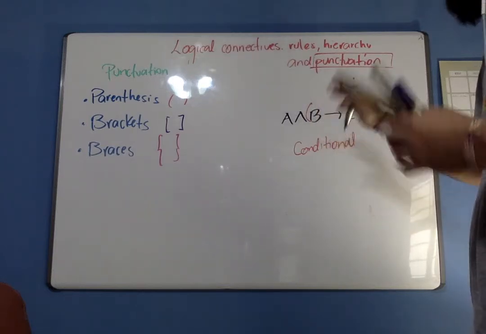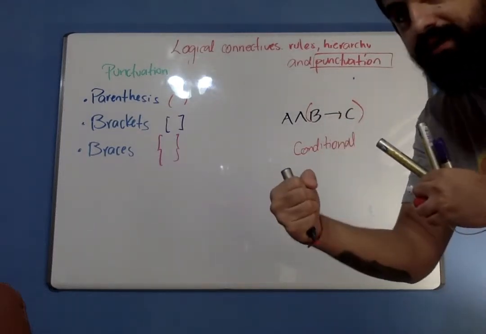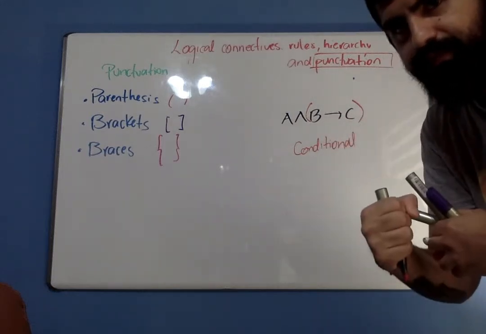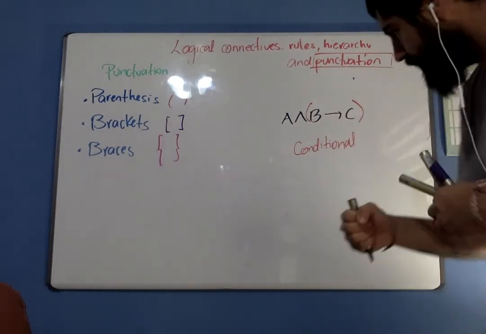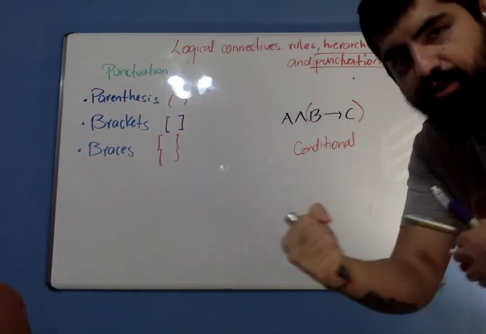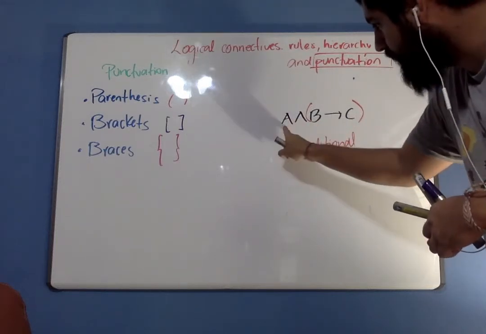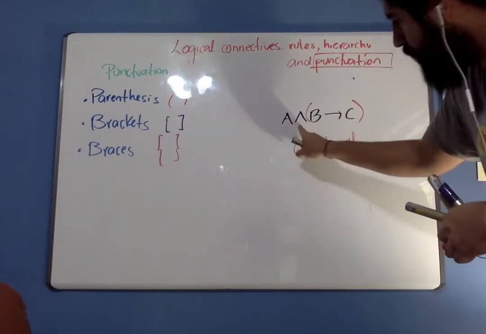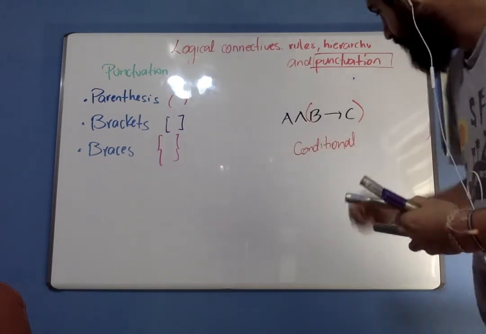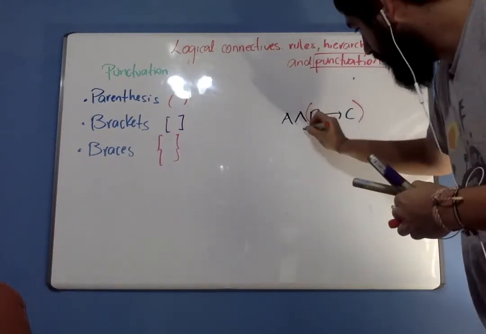This is the point. When you use a punctuation mark, you are joining two variables into the same expression. It's like a merge, okay? So now the B conditional C is a unity, and this unity is linked with the variable A through a conjunction, you know? So in this new case, this is no longer a conditional. This is now a conjunction.